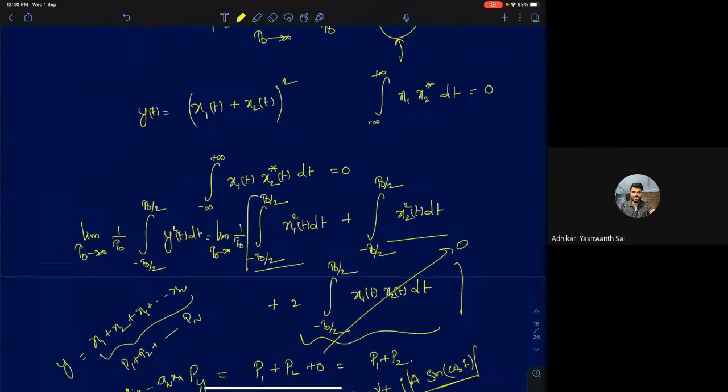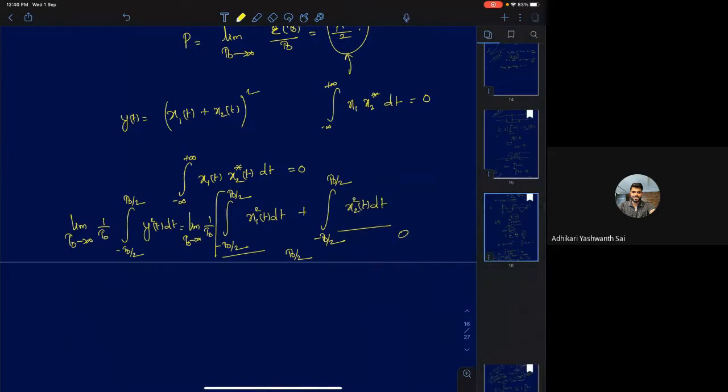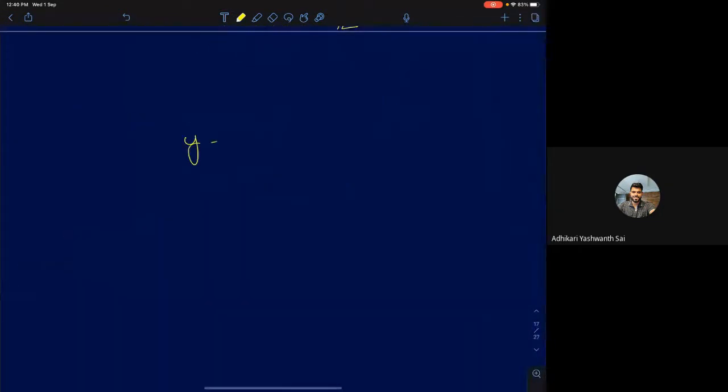Let me use a different page. So let's say we have y is a1 x1 plus a2 x2 and so on till an xn. So this is n orthogonal signals. I've added them with some scaling factors. Then the power of the signal y is given by mod of a1 square p1. Previously when I wrote that, a1 were all real values.